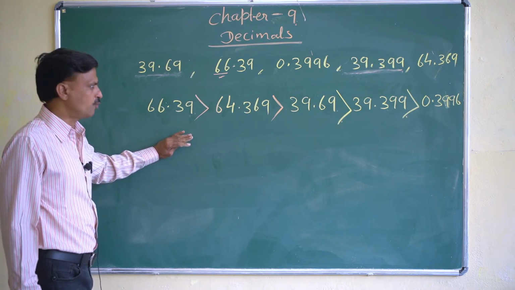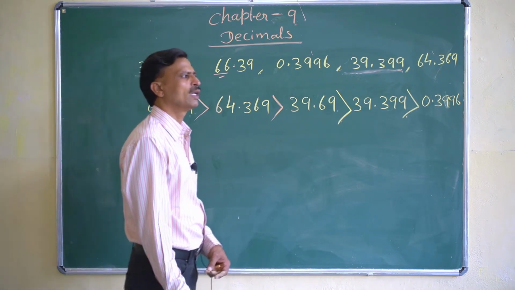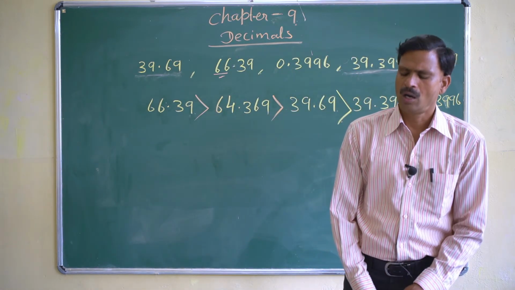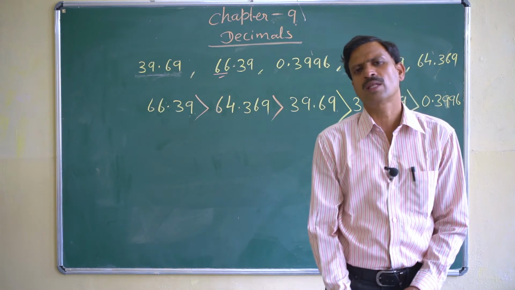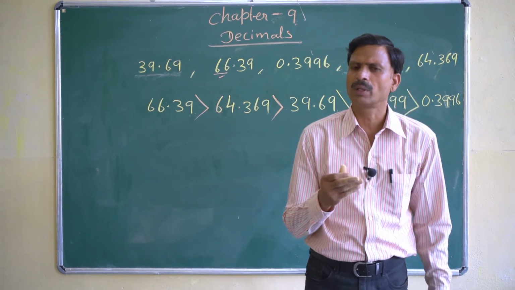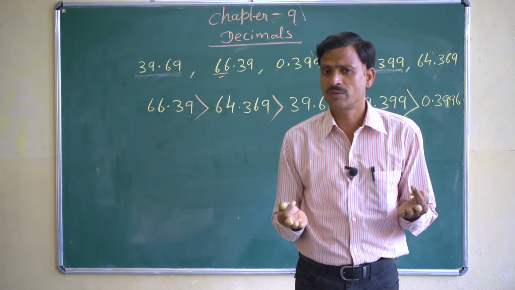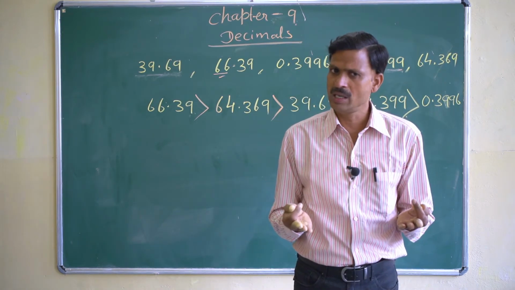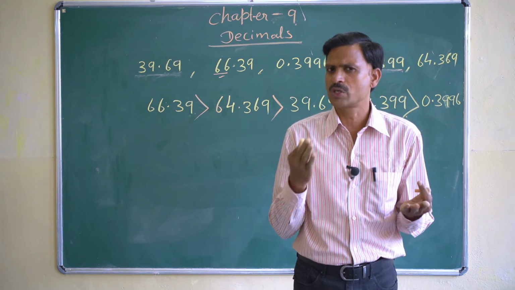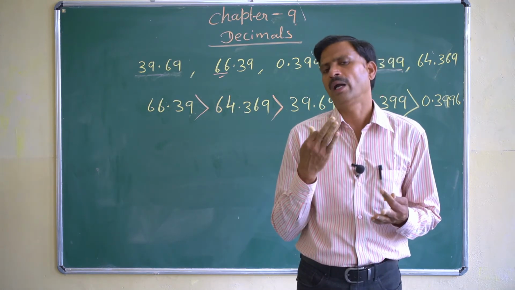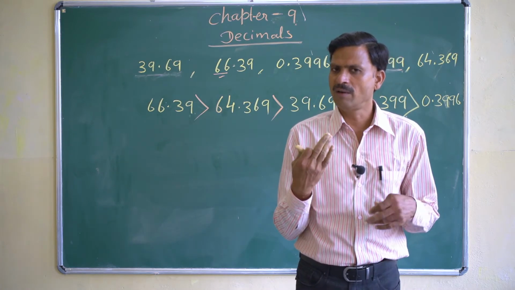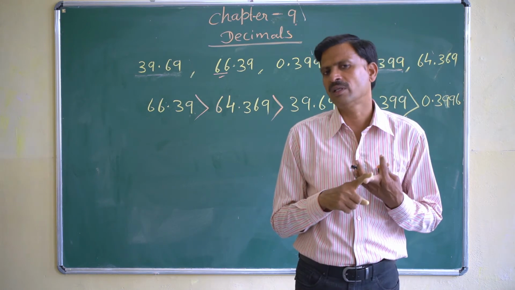Right now, the first question I told you was how we can arrange in ascending order, then how we can arrange in descending order. It is the same process. First we compare their whole number part, and according to the whole number part we can decide which number is greater and which is smaller. In case the whole number part is the same, then we see the first place digit after the decimal.